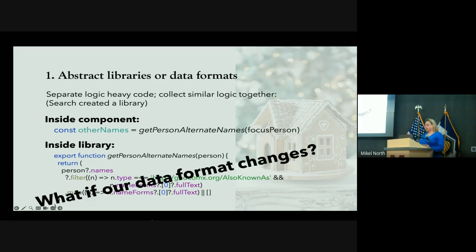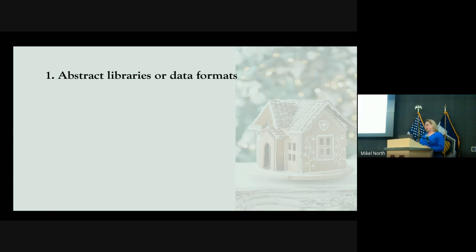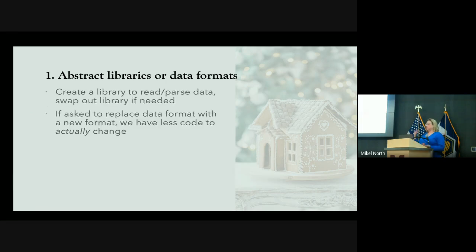There's a few ways to handle it, but either way, it's going to be hard. So you can create a library to read and parse the data, and then create a second library and swap them out if you need. And that's what we did in a world where global variables worked really well. But in React, global variables don't work really well.